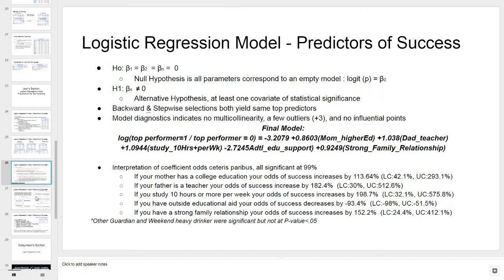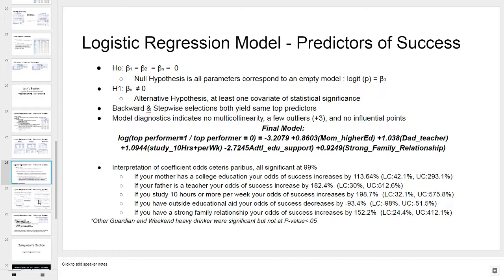Maybe these types of students just don't perform as well, as the model is telling me. So you decrease your odds of success by 93.4% relative to those who don't have that outside support. That could definitely warrant further study as to why that is. The last one, strong family relationship, is a positive. It'll increase your odds of success by 152%.